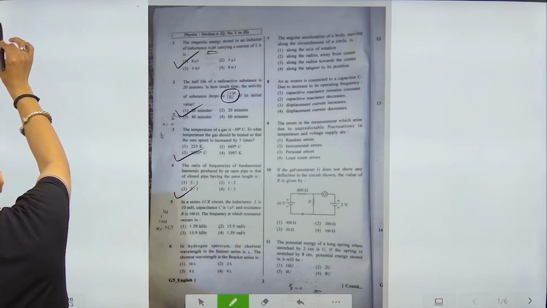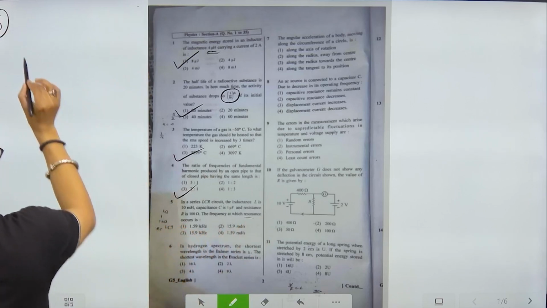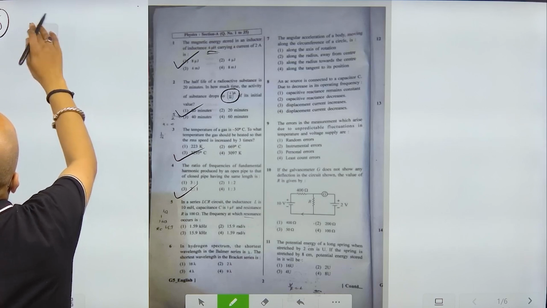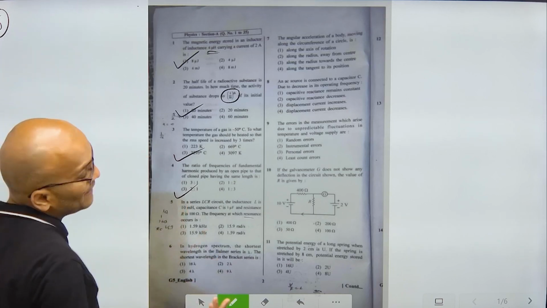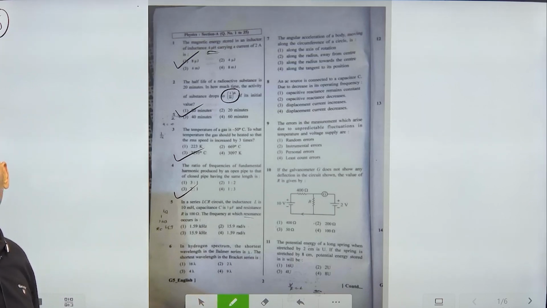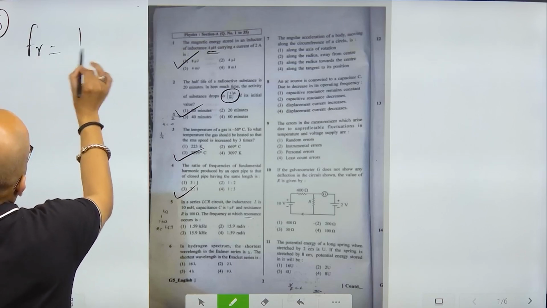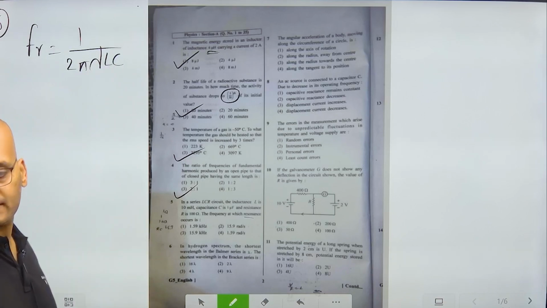Next, the series LCR circuit is given and we need to calculate the resonant frequency. Now the direct formula of resonant frequency can be applied. What's the formula? F resonance is equal to 1 upon 2 pi under the root of LC, yes or no?